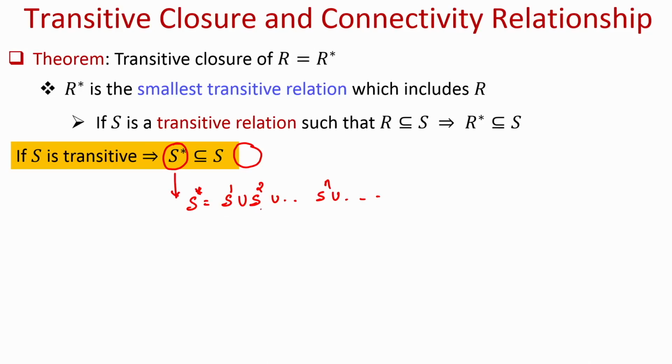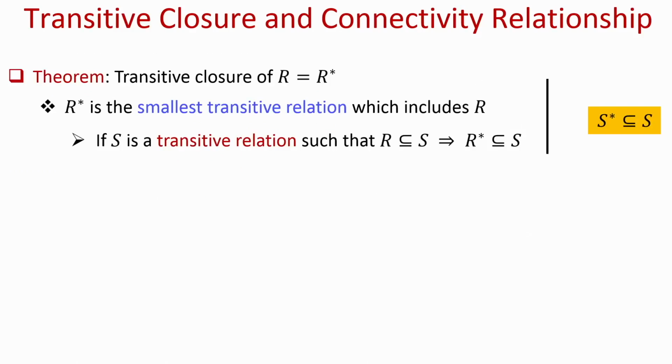Each of these powers is included in the relation S, because that is what we have proved: for all n greater than or equal to 1, S power n is included in S. So, if you take the union of all the powers of S, that will be included in S, and that shows that the connectivity relation satisfies the property that if your original relation is transitive, then the corresponding connectivity relation is included in the original relation. So, that is the side result which we are going to retain here.